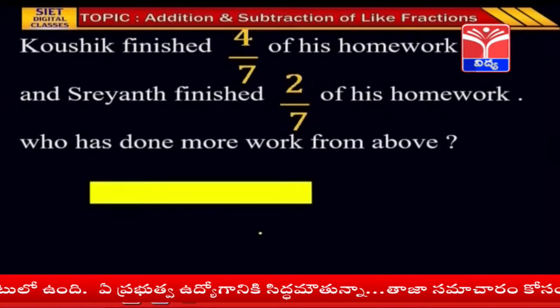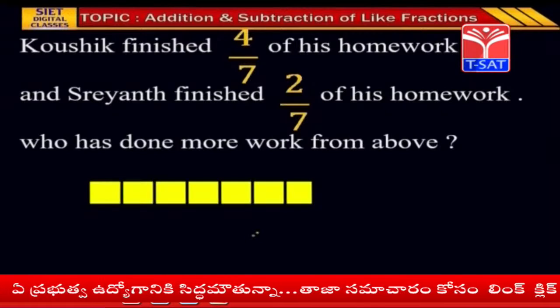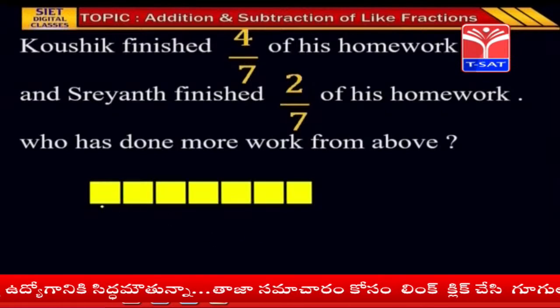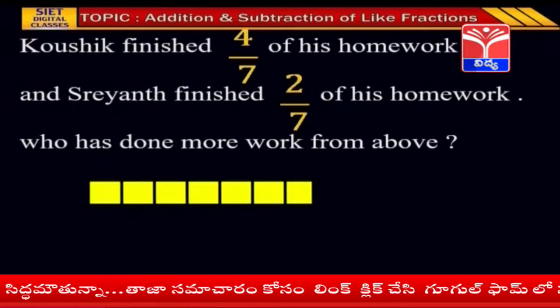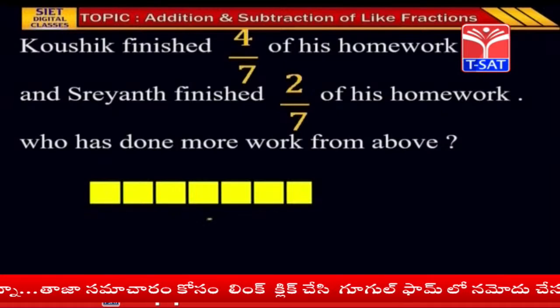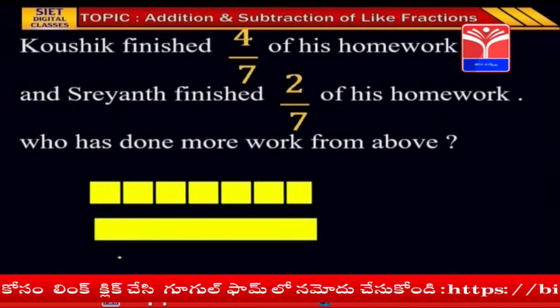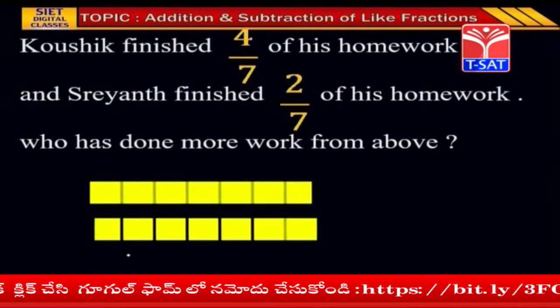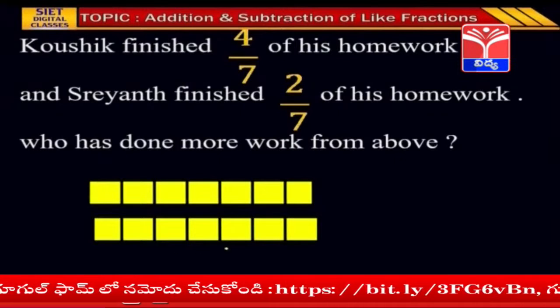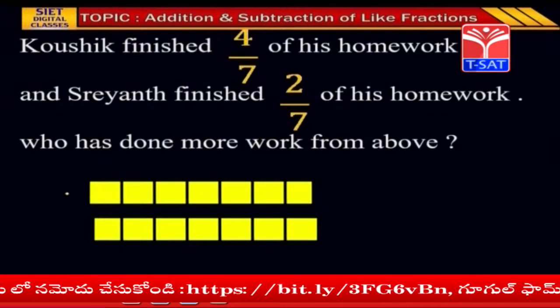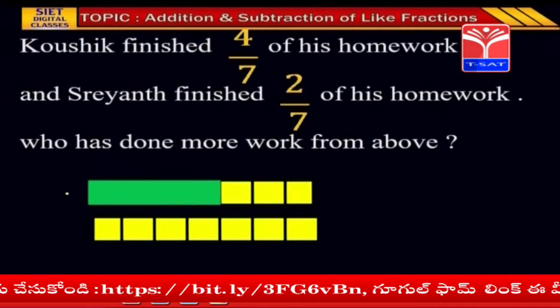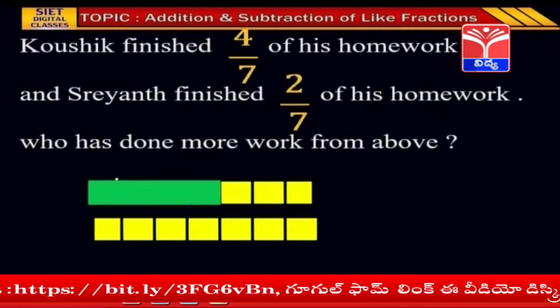You are observing on the screen. Homework will be divided into 7 parts. 1, 2, 3, 4, 5, 6, 7. And the other's homework is also divided into 7 parts. 1, 2, 3, 4, 5, 6, 7. Then the first finished 4 parts of 7. That means 4/7.